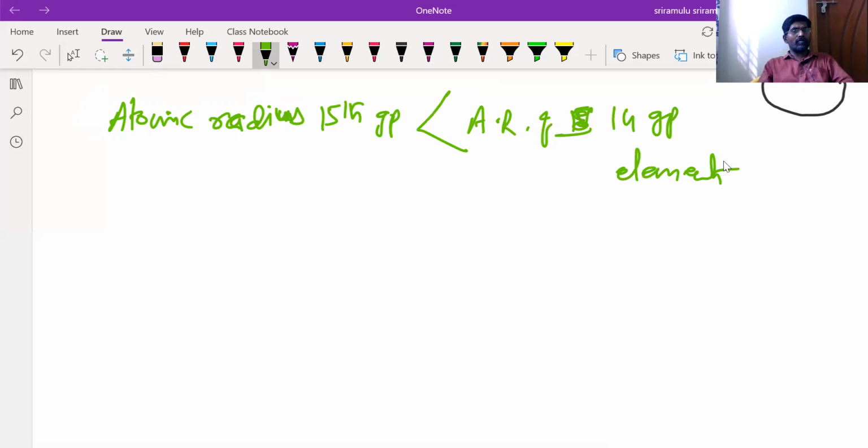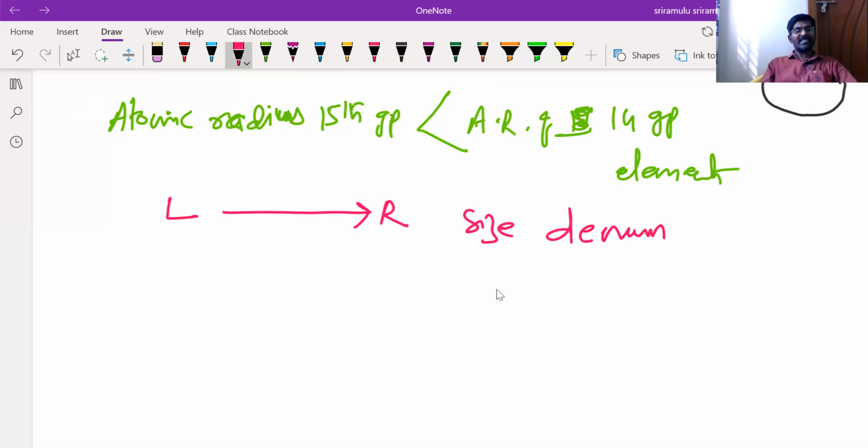So what is the reason? What happens if you are moving from left to right, students? Left to right, size decreases.